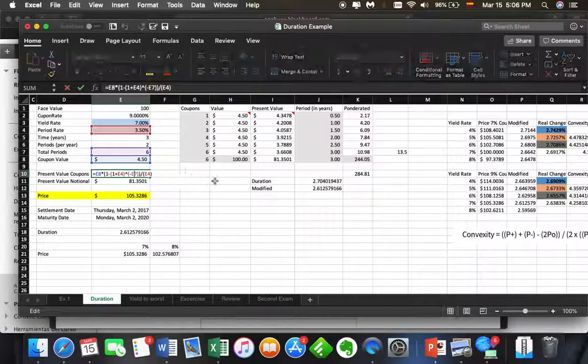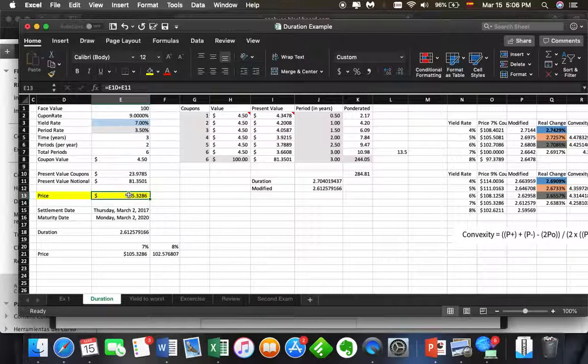All right, this is the present value of all the coupons, and this is just money markets, okay? And this is the present value of notional. So the price of our bond right now should be 105.3286, which makes sense because this is an over par bond, because the coupon rate is higher than the yield rate, right?